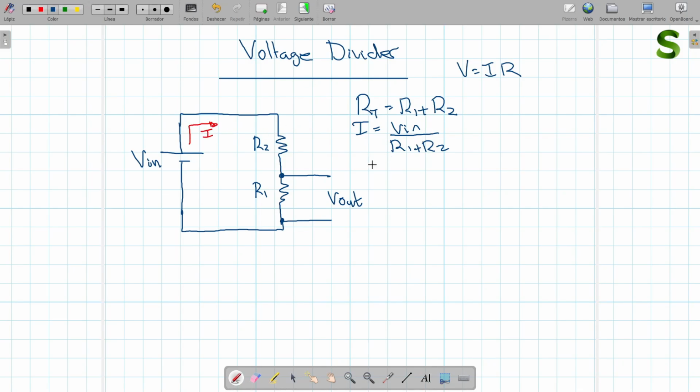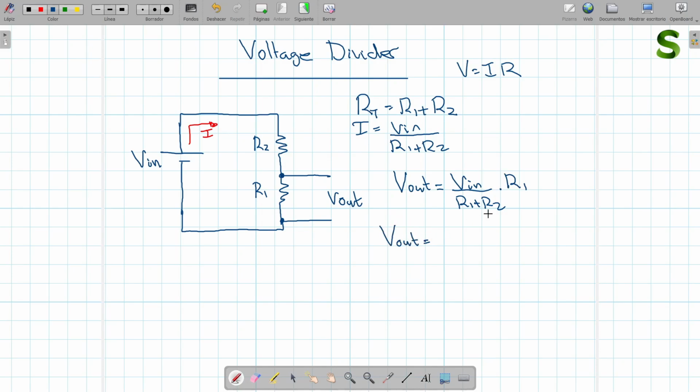And the voltage coming out of that resistance is going to be, again by Ohm's law, the intensity, which is V in divided by R1 plus R2, multiplied by the resistance that we have there, so that's R1.